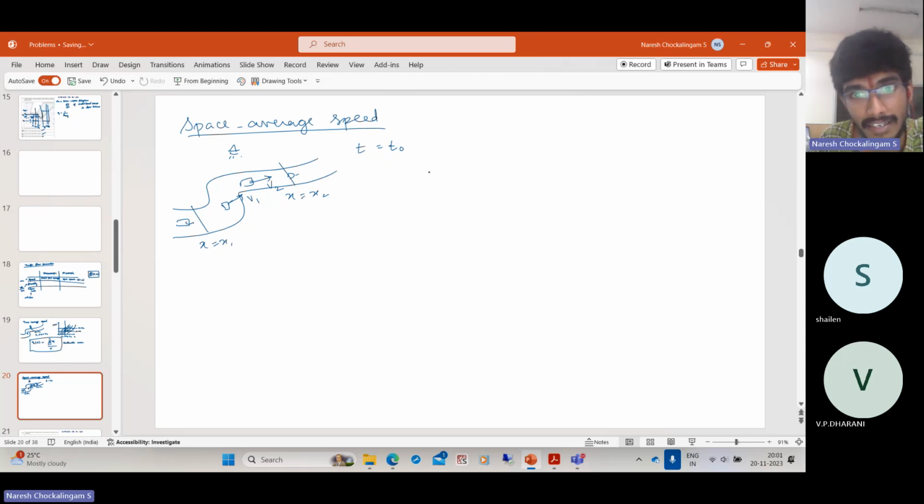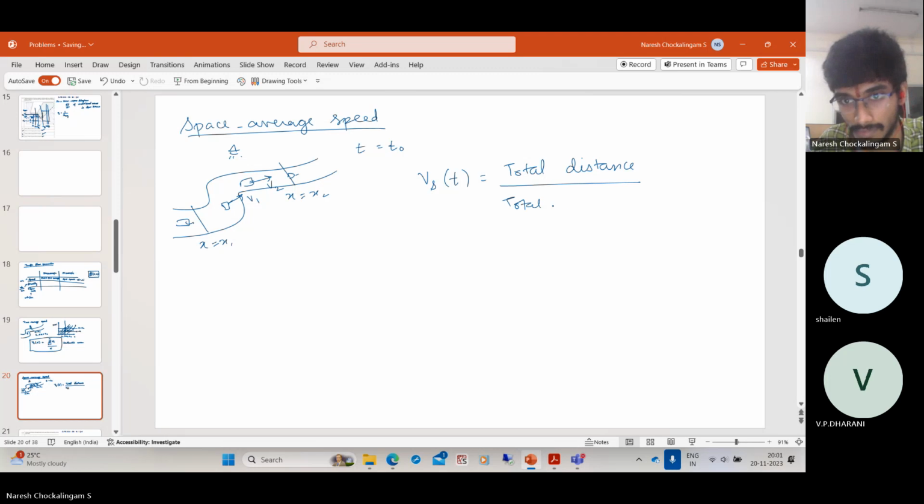Space average speed at a given time t is the total distance traveled by the vehicles divided by total time. Suppose these vehicles are traveling at a constant v. What is the total distance that is traveled?